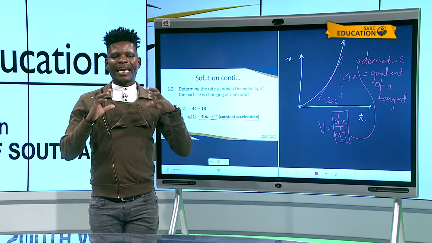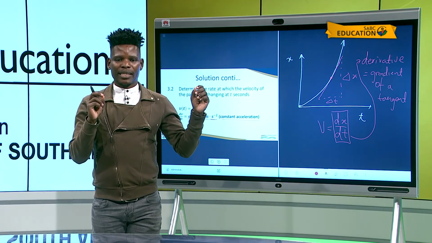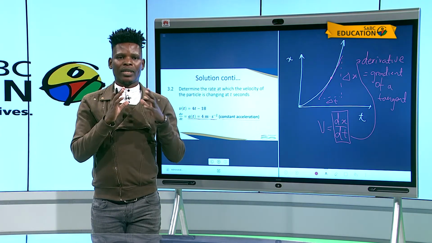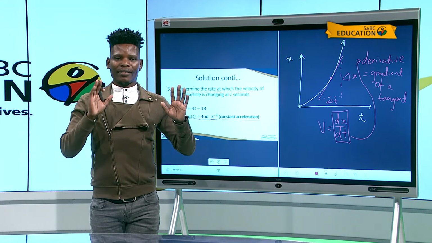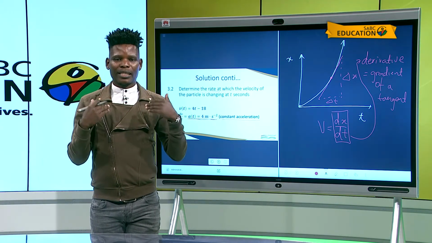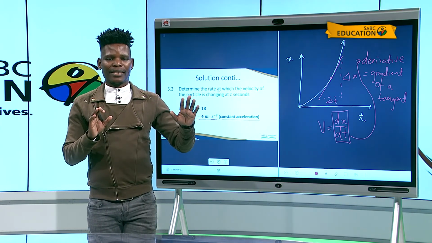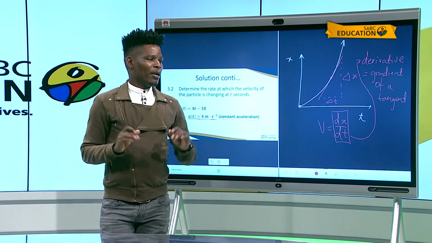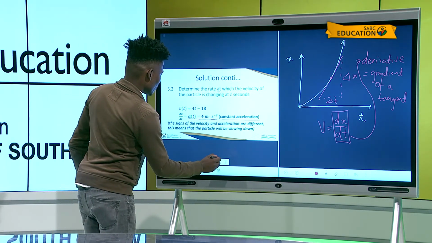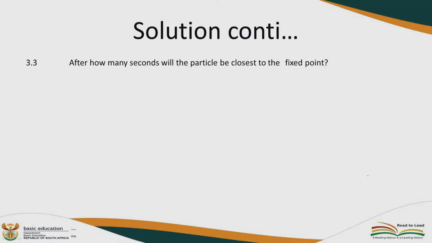What happens when the sign of the acceleration is different to the sign of the velocity? It simply means that this particle is going to slow down. If the signs were the same, both positive or both negative, it would mean that the particle is speeding up. Because the signs are different, the particle is slowing down.